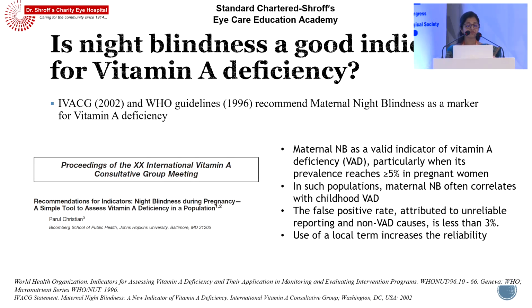They have said that if maternal vitamin A deficiency is prevalent to a degree greater than 5% in that population, you can check for maternal night blindness, and it will not just indicate maternal deficiency, but also correlates with childhood vitamin A deficiency. The false positive rate in such a population is less than 3%, and if you use a local term like Ratondi, then it definitely increases the reliability.